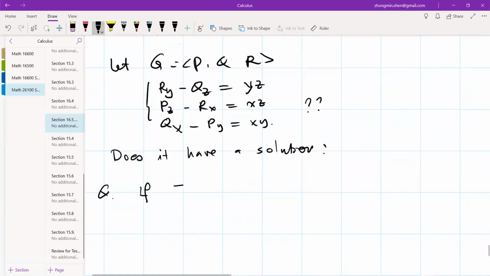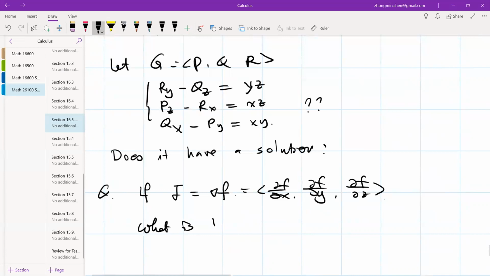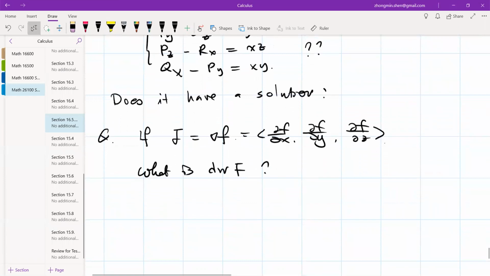If f is the gradient of some little f, that means it's going to be the partial derivative of f with respect to x, with respect to y, and with respect to z. So what is the divergence of f? By definition, the divergence is the partial derivative of the first term, then the partial derivative of the second term with respect to y, and so on.